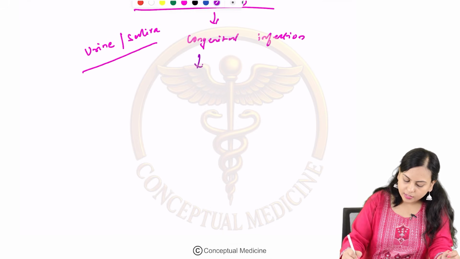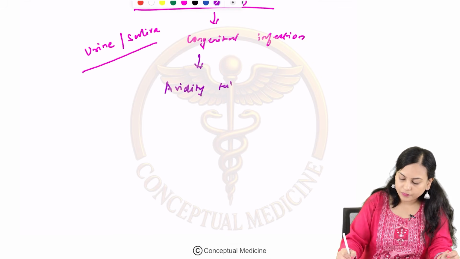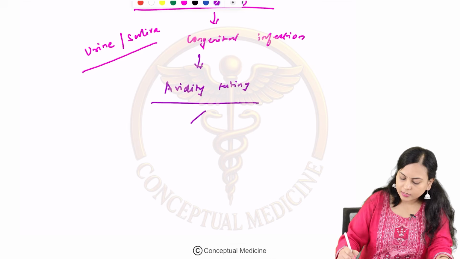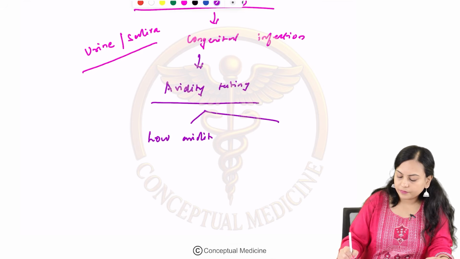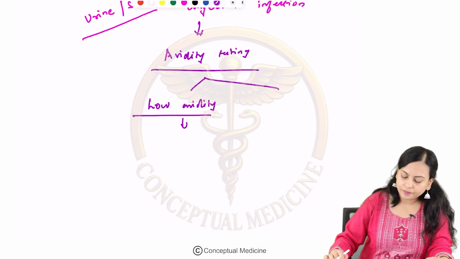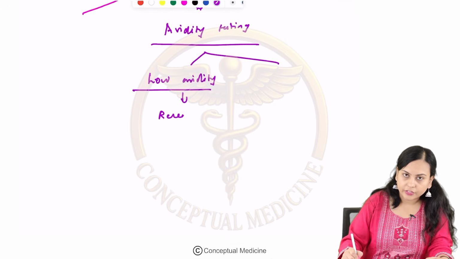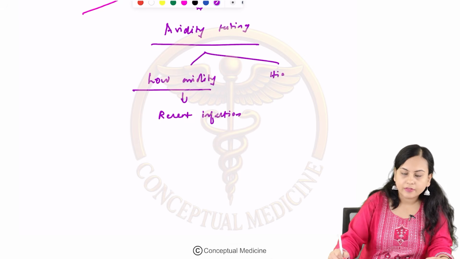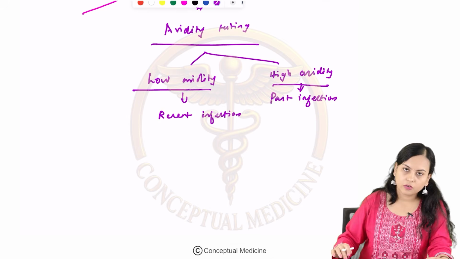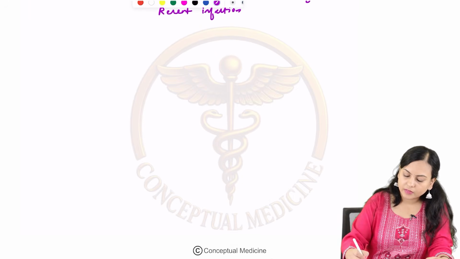And then suppose if this is positive, then we are going to do avidity testing, and in avidity testing, if you are getting low avidity, then it is a recent infection, and suppose if there is a high avidity, then it indicates past infection. Hope you have understood, right?